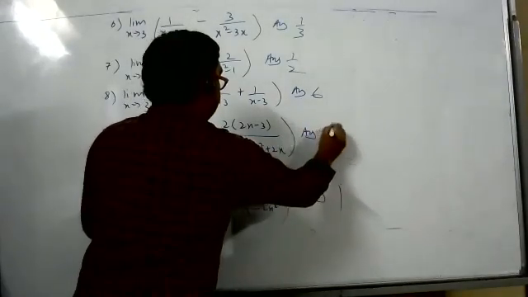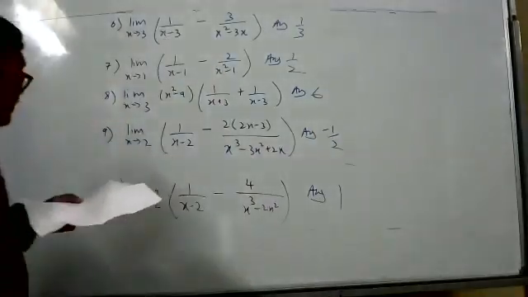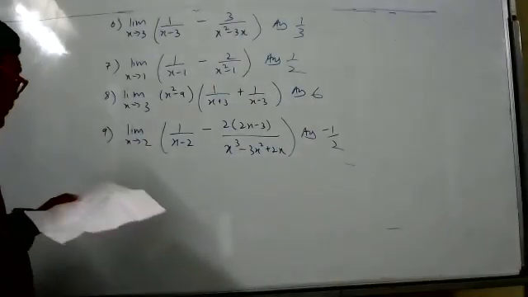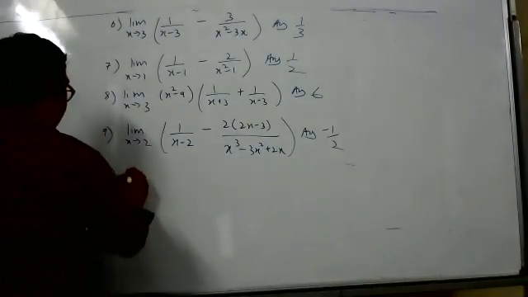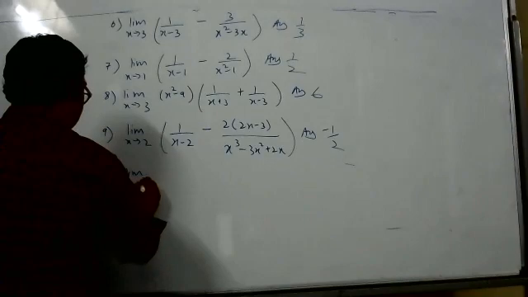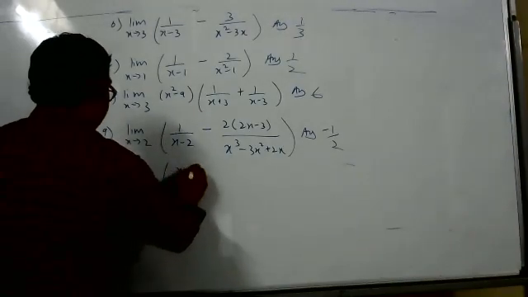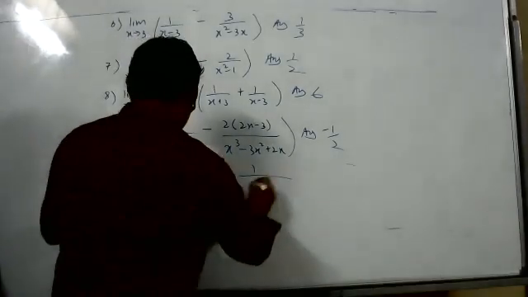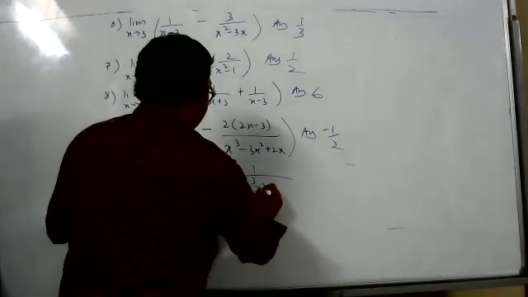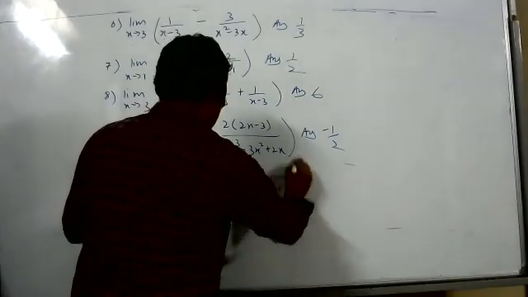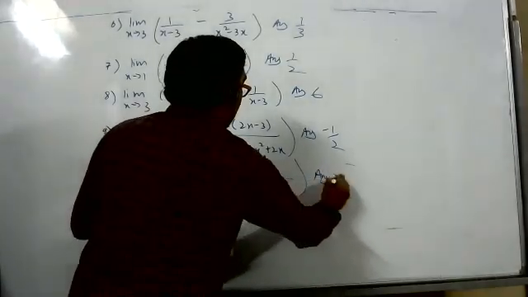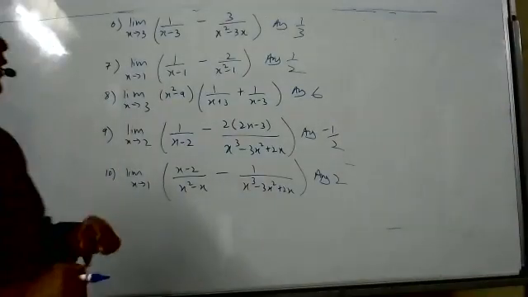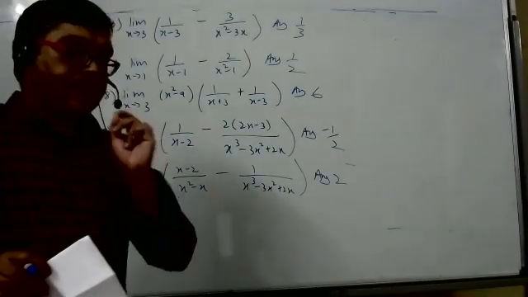Answer is minus half. Last sum, 10th. Limit x tends to 1, x minus 2 by x square minus x minus 1 by x cube minus 3x square plus 2x. Answer is 2.